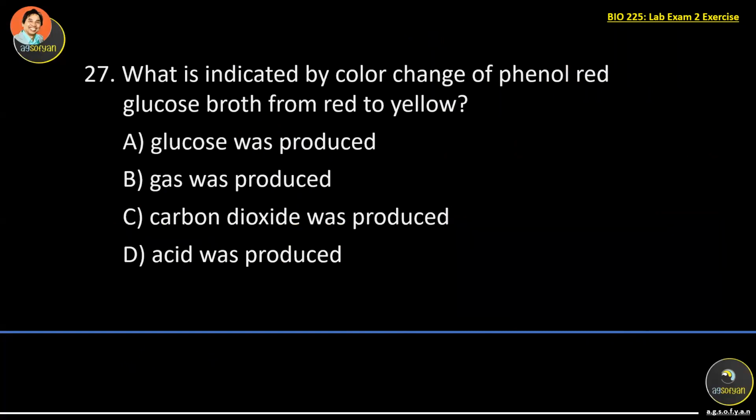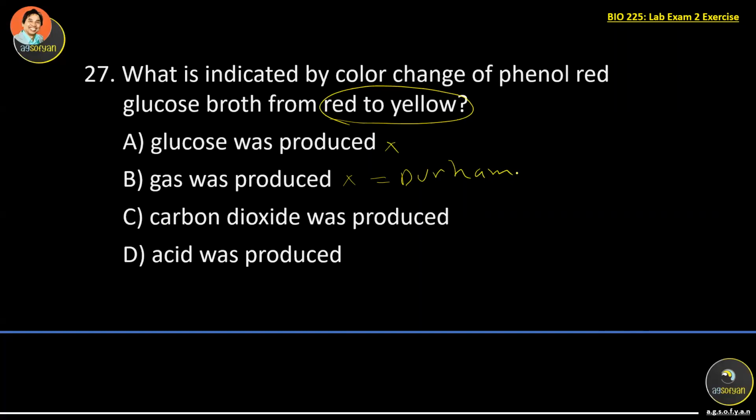What is indicated by color change of phenol red glucose broth from red to yellow? Again, this is just a similar question. So when it is red to yellow, it means what? Glucose was produced? No. Gas was produced? Not really, because gas is in the Durham tube, not in the color.